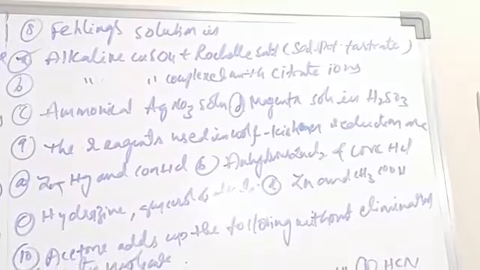In Wolff-Kishner reduction, first the carbonyl compound undergoes addition-elimination reaction with hydrazine and converts into hydrazone. Hydrazone in presence of alkali, potassium hydroxide and ethylene glycol, finally gives the alkane. So here hydrazine, glycol and alkali are the reagents used in the Wolff-Kishner reduction.